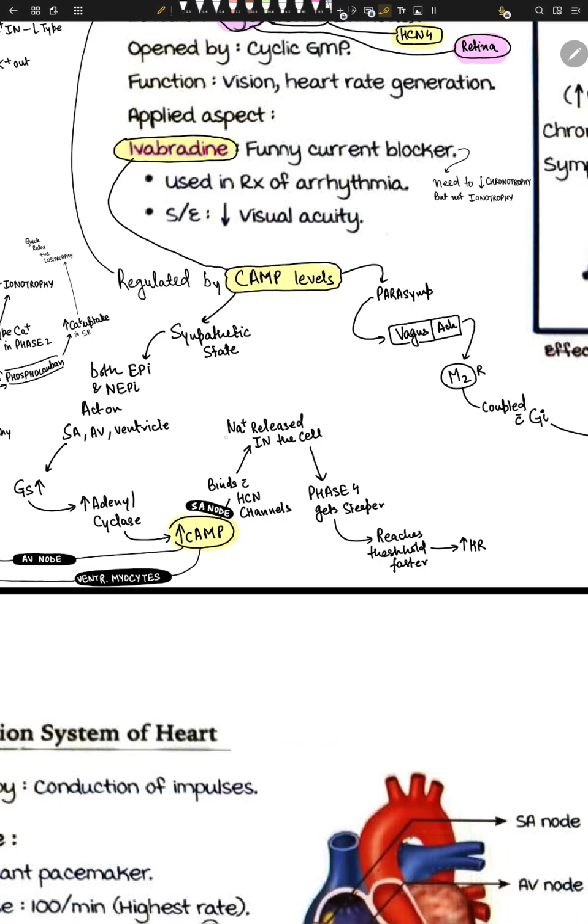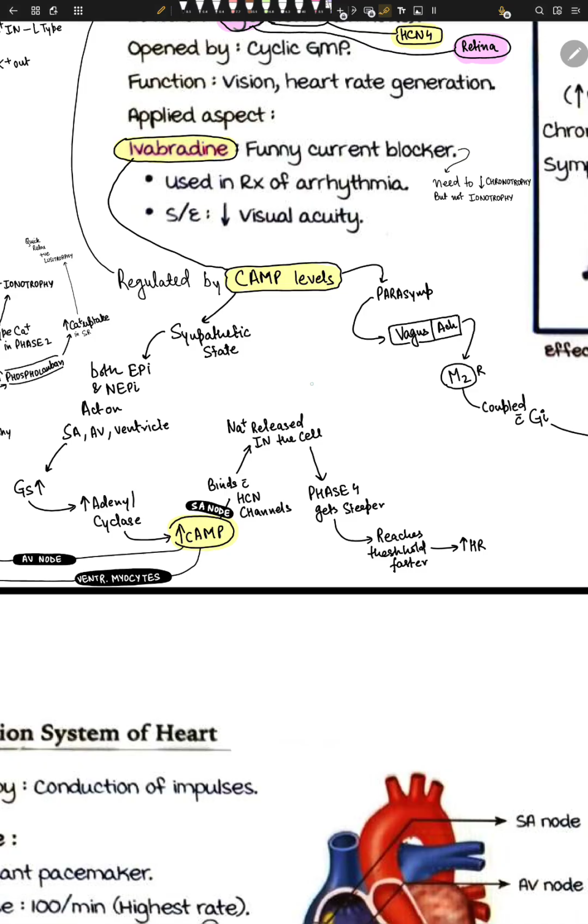So a lot of sodium is released inside the cell. Again, the negativity changes from minus 60 to minus 40, right? So a plus 20 millivolt is added with the help of the sodium that is released from the HCN channel inside the cell.